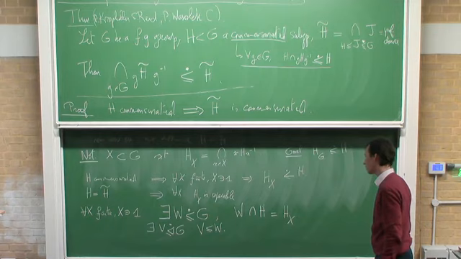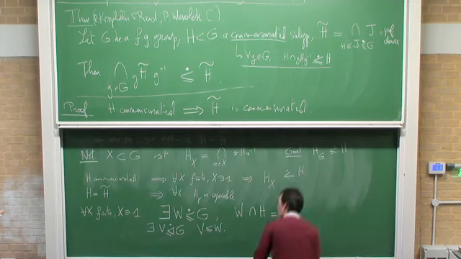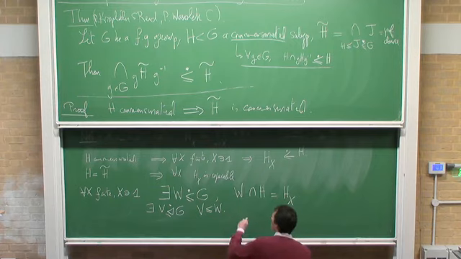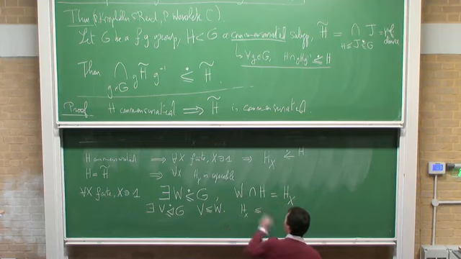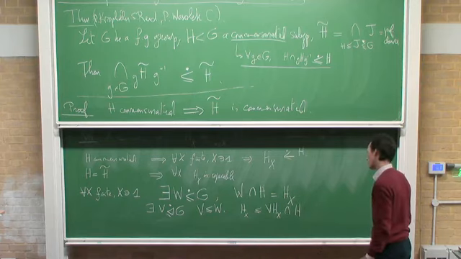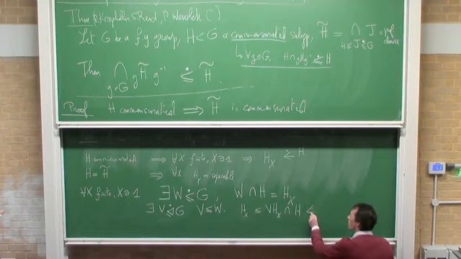Now V is normal, so this is a subgroup, and it's also contained in Hx, right?